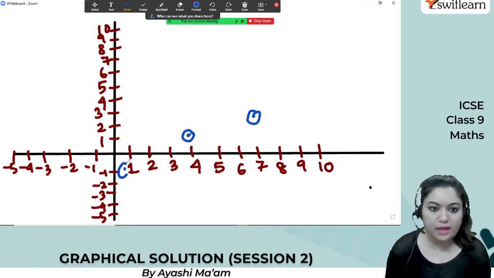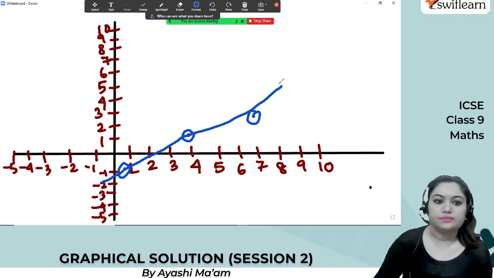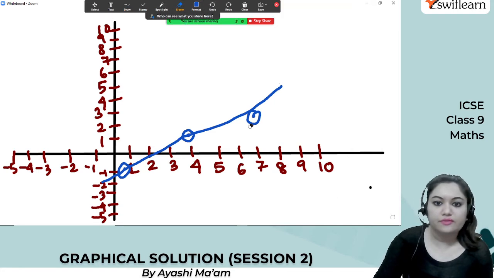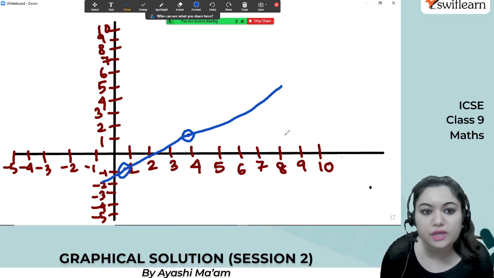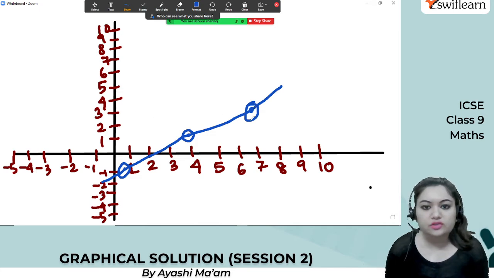Yes, 1 and minus 1 over here. So now you can join it. Because I'm doing it with my bare hands, it is becoming difficult. So by joining these 3 points, you will get a straight line. All right.